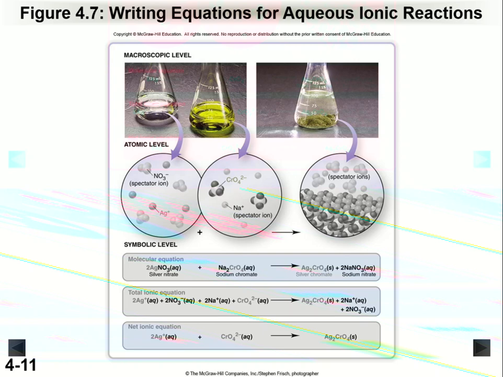This is only the ions that really changed during our process. So we would write this out, 2Ag+ aqueous plus CrO4 2- aqueous goes to Ag2CrO4 solid. That's the net process that occurs when we mix these together.